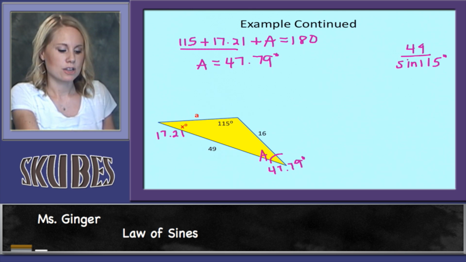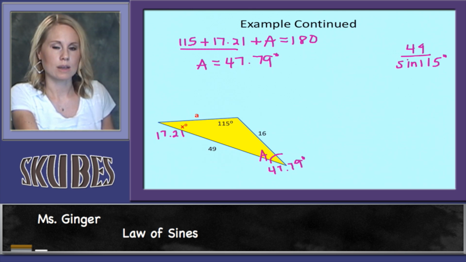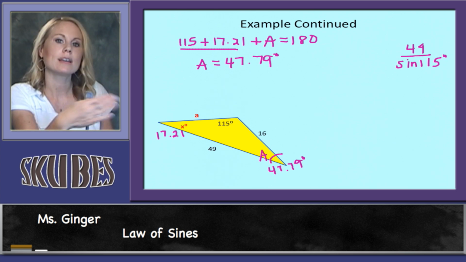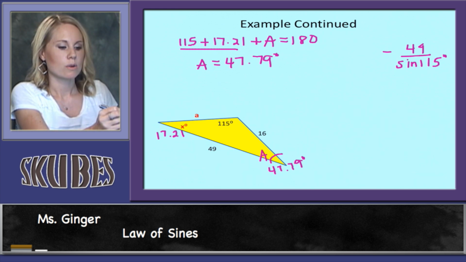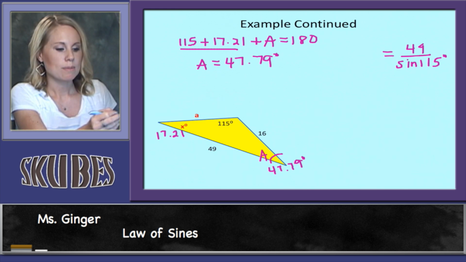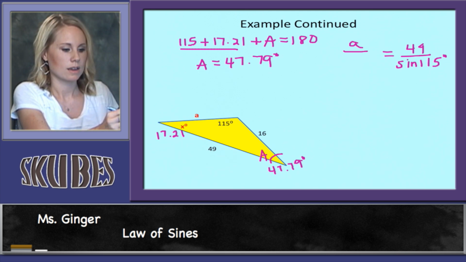Because if you go back and use two other pieces and one of them is something you have just found, if that piece is wrong, your next piece is going to be wrong too. So go back to the one, that's a good tip, to always use the one they gave you if you can. So I'm going to now use that relationship with A over sine of A. And since I know sine of A, I'm going to fill that in.